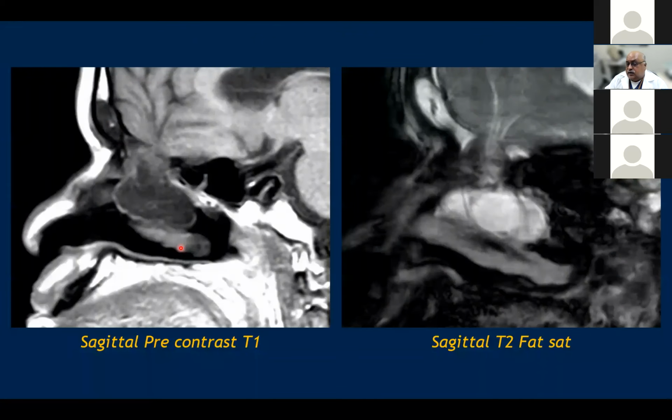This is another example of a post-traumatic encephalocele. Here, the encephalocele is very clearly demarcated as a CSF fluid containing pouch here, and the confluence of the prolapsed appearing frontal lobe sulci are noted on this study.